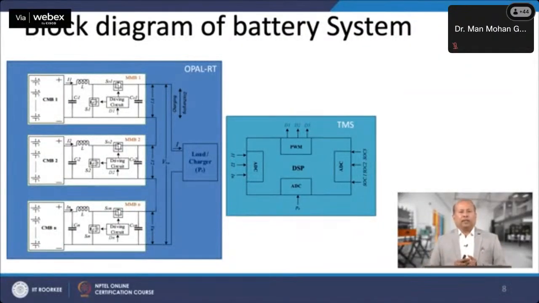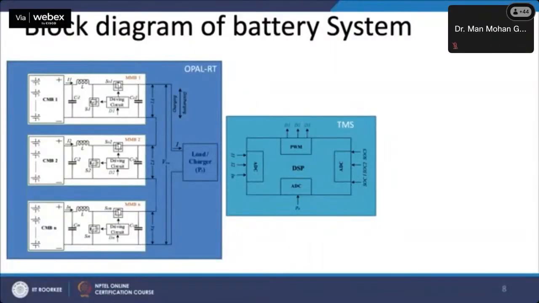Consider a battery system of 3 modules, so called plant in OPAL-RT. Step number 2, call out the necessary parameters required for balancing strategy from the plant. Step number 3, develop a balancing code in MATLAB using the called out battery system parameters.